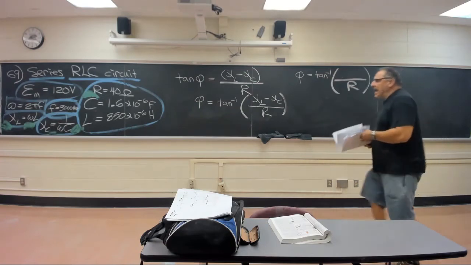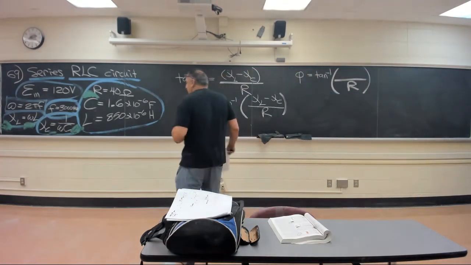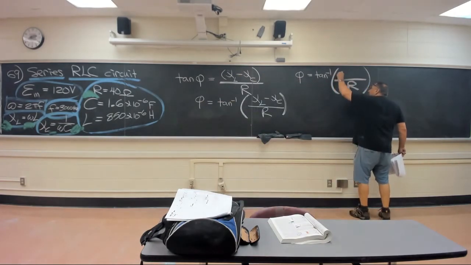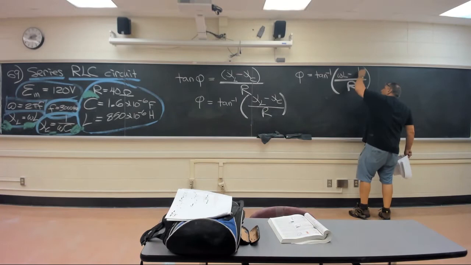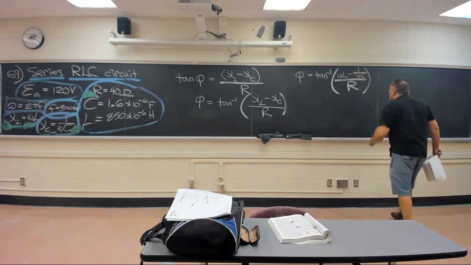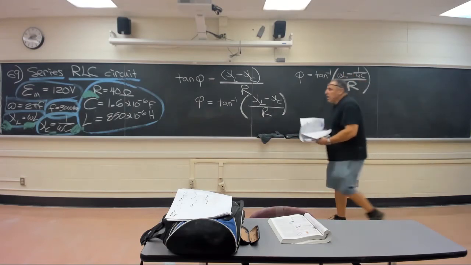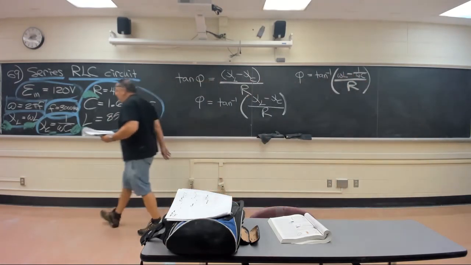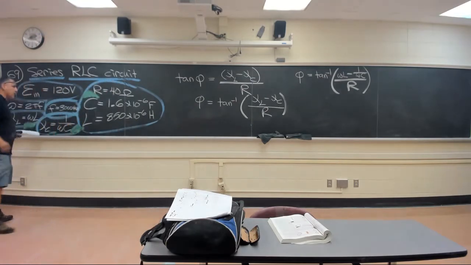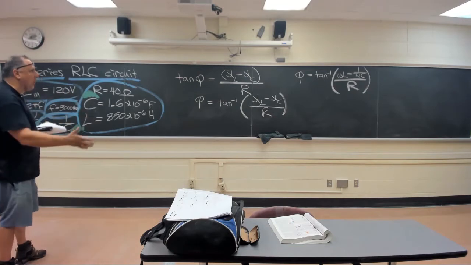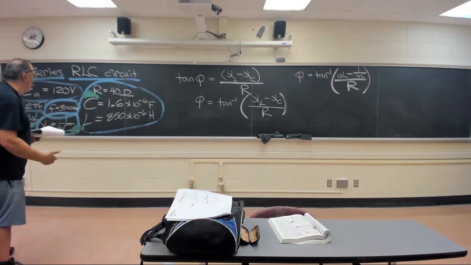R is R. XL is omega L. XC is 1 over omega C. And that's the whole story. So right now, let's bypass the formal calculations. I think it's pretty clear what we have to do, and when we do it, we're going to get the answer that we need.